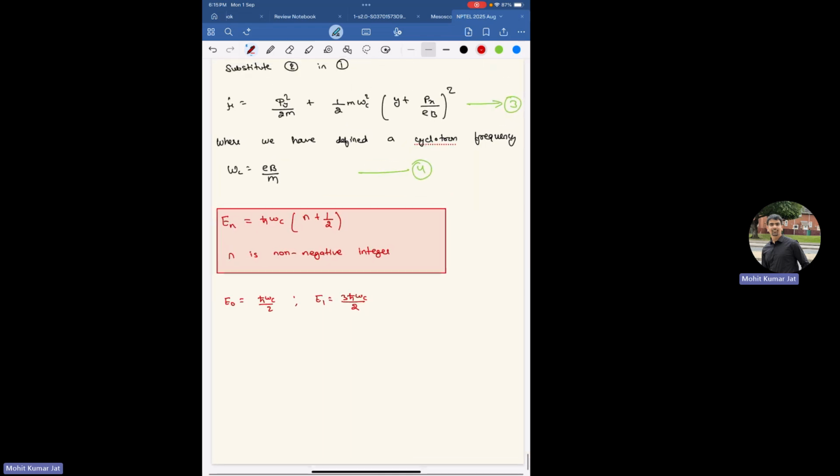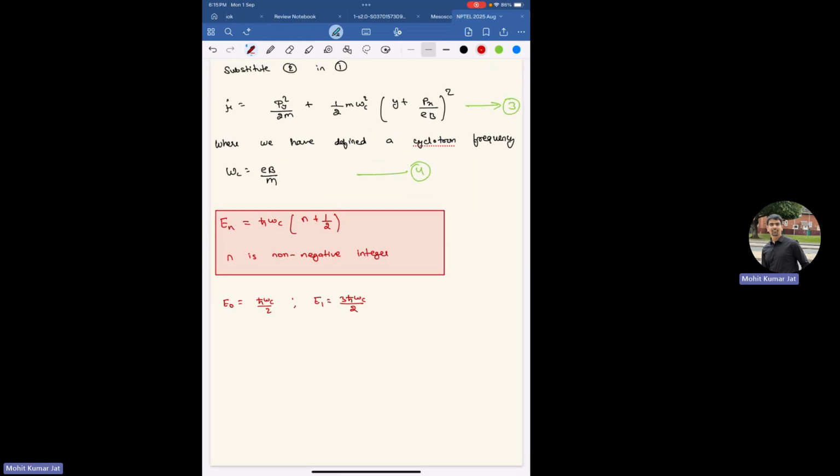If you draw these Landau levels as a function of n, this will be n equal to 0, n equal to 1, n equal to 2, and so on, and they are all equally spaced by h bar omega c.